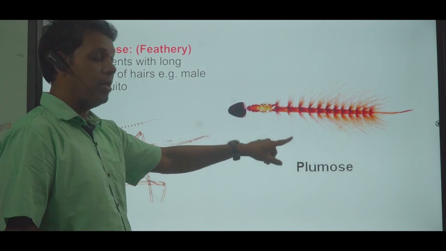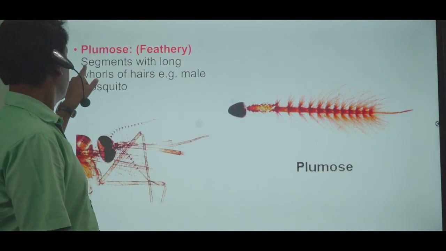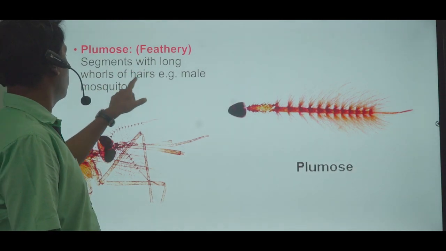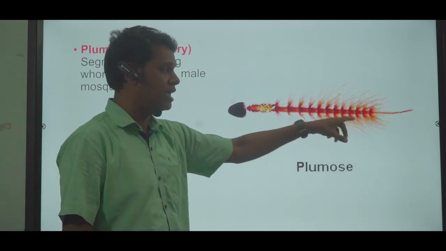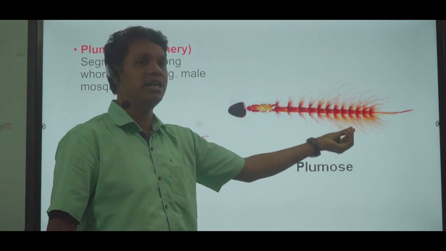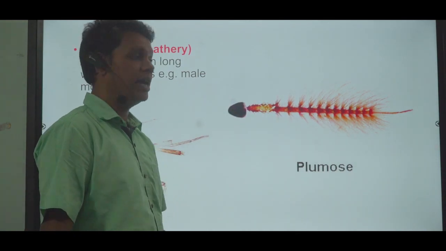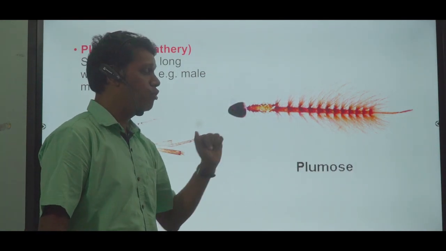In the male mosquito, we can see plumose antennae, where the segments have long whorls of hairs, and the hairs are very dense. Dense hairs like this are there. So that is why it is known as plumose antennae.